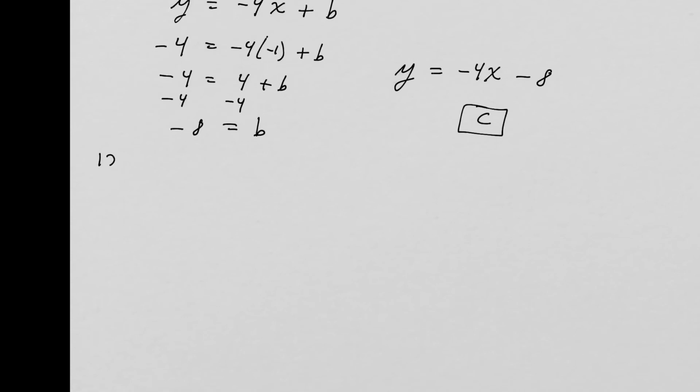Okay, 12. Let's see. They give us a graph and they want us to find the equation of that graph. Here, let me regraph it for you here. So it looks like this graph goes through the points negative 2, 0, and then 0, 3.